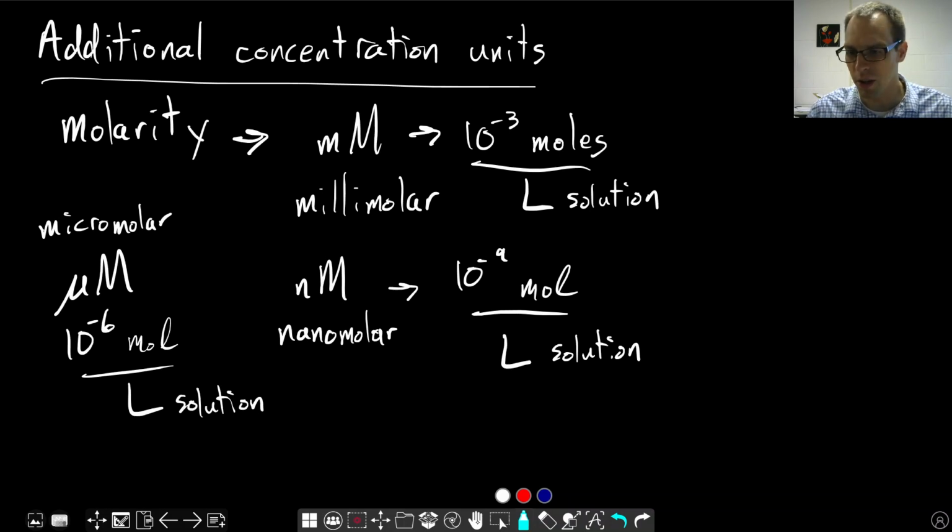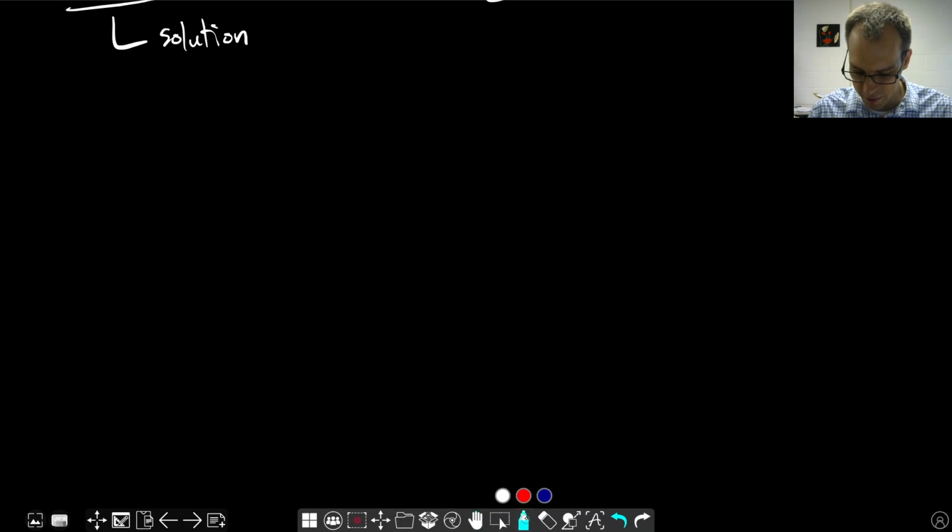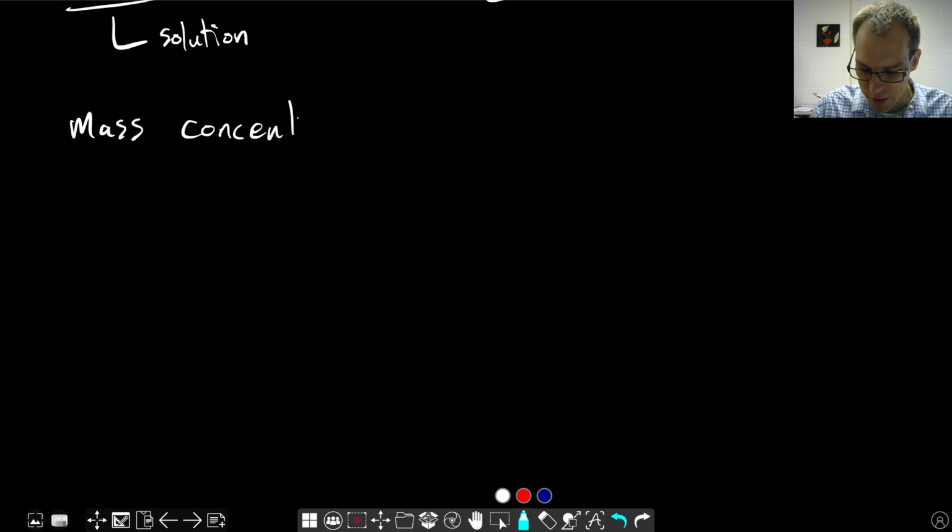A couple of additional concentration units that show up are expressed, instead of using moles, as mass concentrations, meaning we express them in terms of grams or kilograms. So instead of using moles, we compare things directly mass to mass.